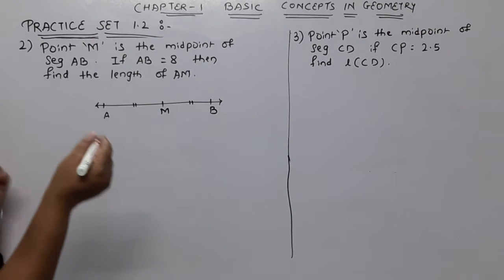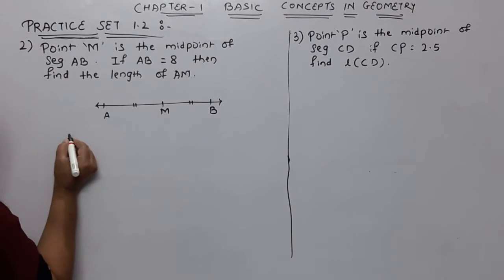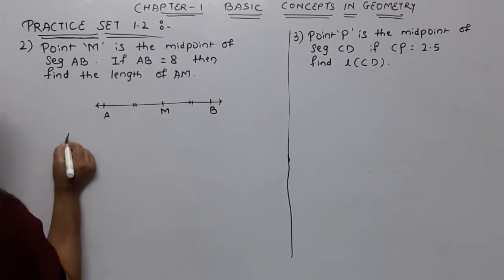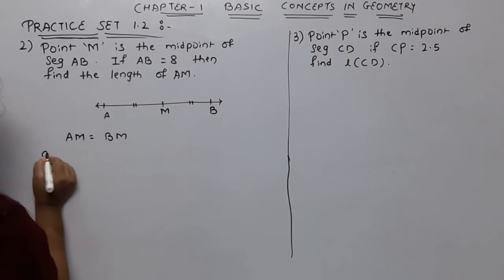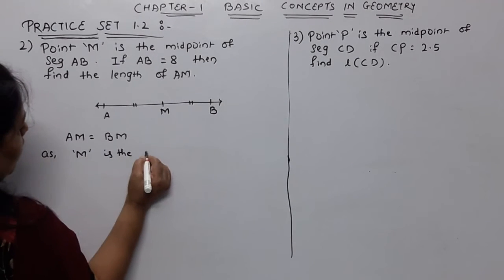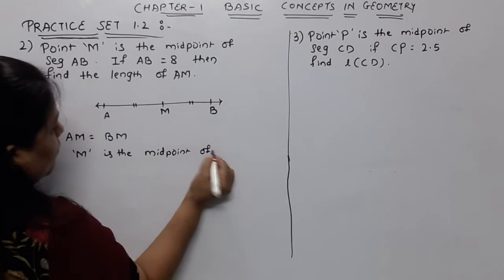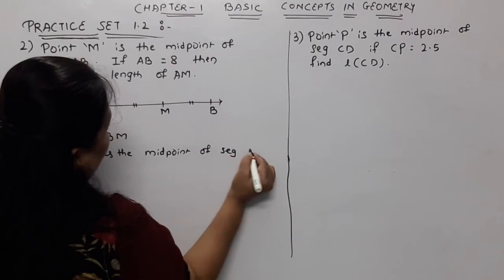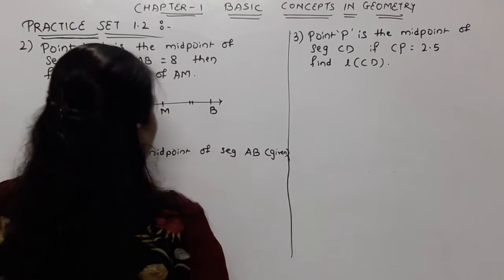Now there are two ways in which we can write. Here AB is given, so we can write AM is equal to BM as M is the midpoint of seg AB. Right? This is given to you.